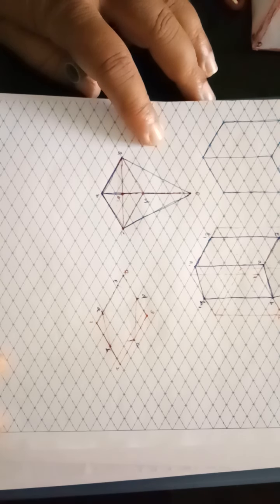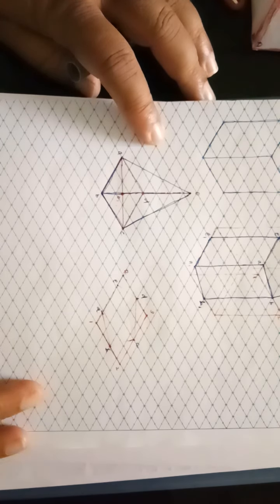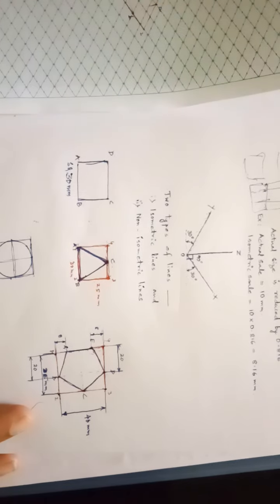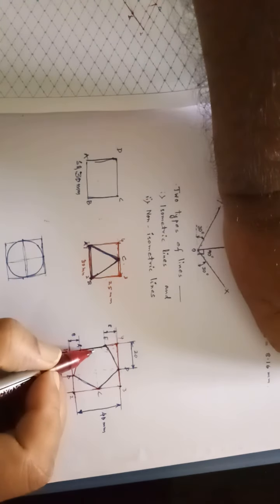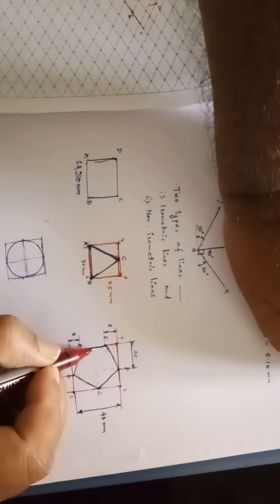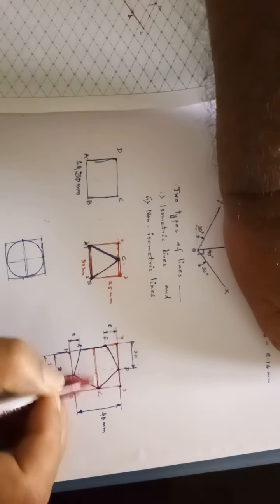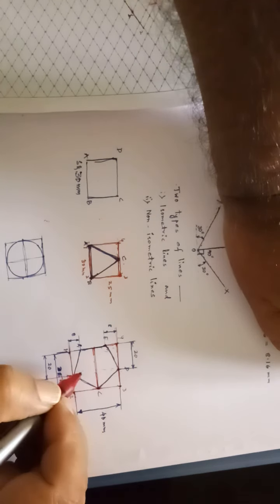Now to draw the pyramid, you need to find the center of the base. How to find the center of the base? Come to the orthographic projection here. Now from C, draw the perpendicular bisector of A and E. This is how you find the midpoint of the pentagon.